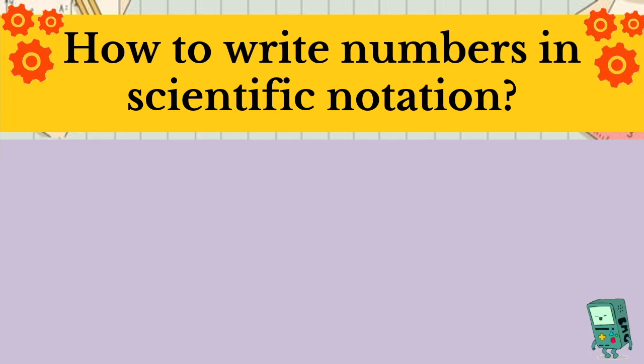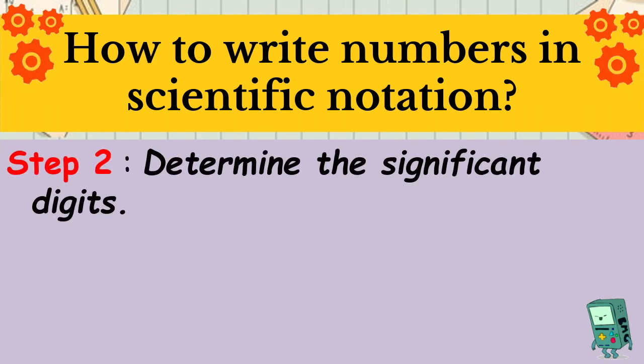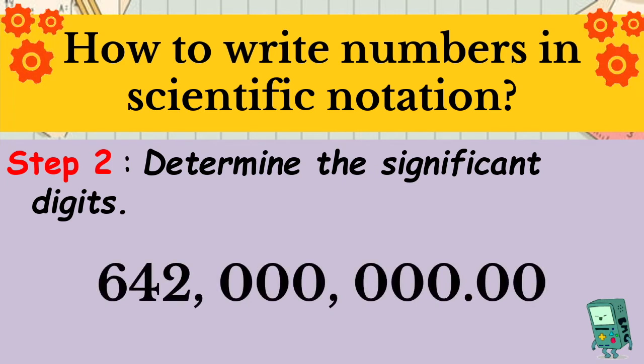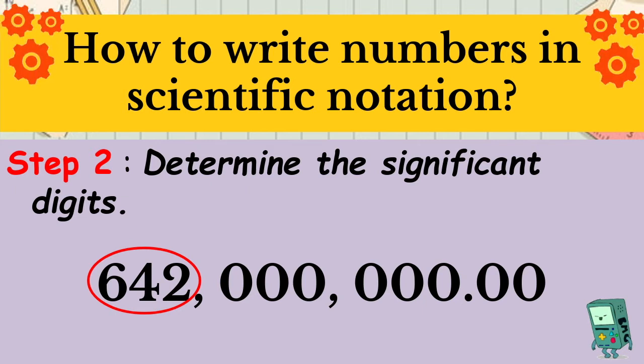Step 2. Determine the significant digits. What are our significant digits? We have 642, because they are the only numbers that we can use to form 642 million into scientific notation.